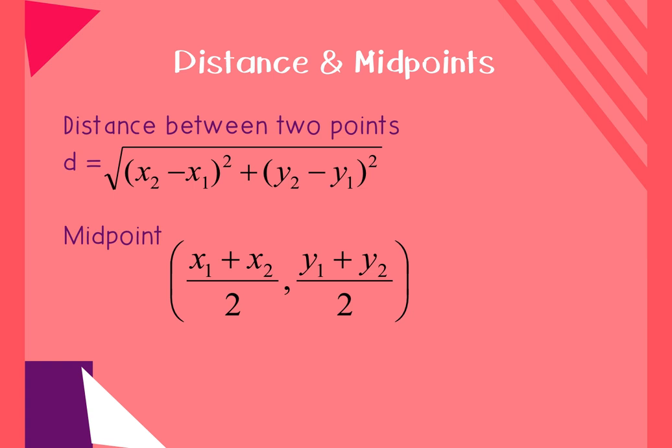We will review it again as we get closer, but I would recommend you start to build it for yourself. And the first two are the distance formula and the midpoint formula. Distance is the square root of (x2 minus x1) squared plus (y2 minus y1) squared. And the midpoint is (x1 plus x2 over 2, y1 plus y2 over 2).